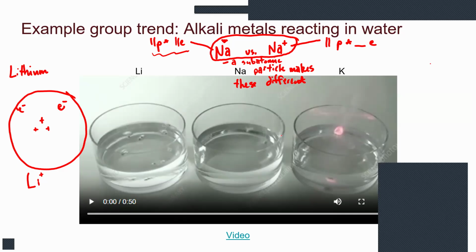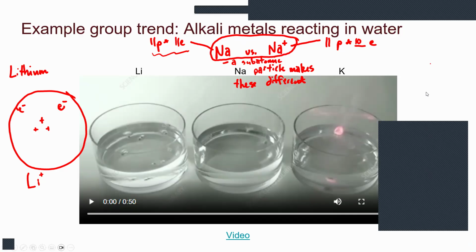How many less? And that plus one less. Perfect. So would you agree with me that 1 less than 11 is 10? Perfect. Okay. So the difference between Na and Na plus is a single subatomic particle. Can you give me a Y if you follow that, and an N if, wait a minute, huh? Okay, so that's all that makes these things different.